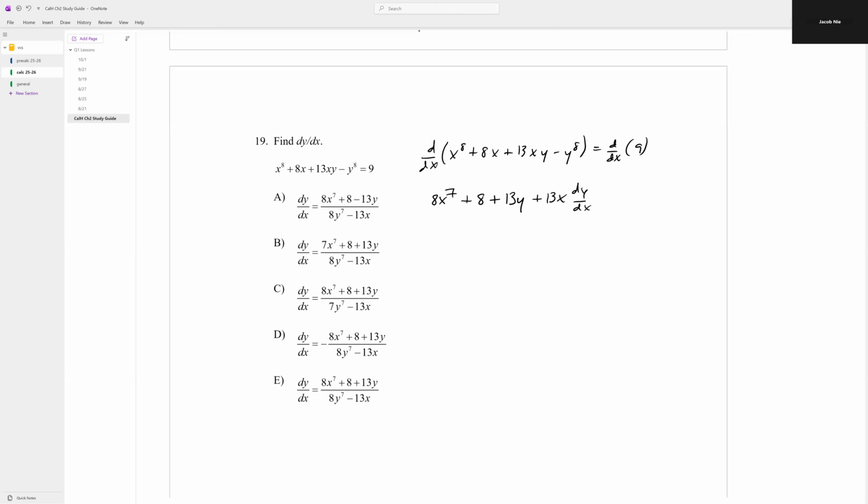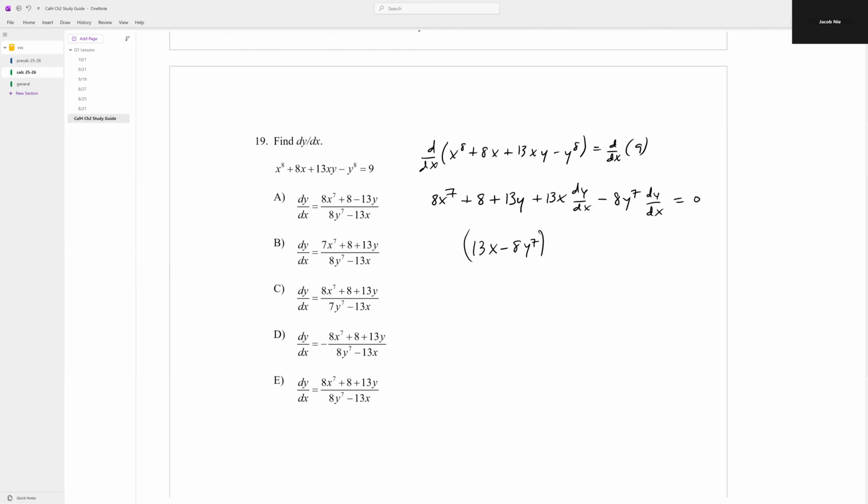And finally, for y to the 8, we need to use chain rule. It's going to come out to minus 8 times y to the power of 7 times dy dx. The right side is 0. Okay, so we're going to try to isolate dy dx. So let's move all the terms that don't contain that to the right side, and then factor the ones that do contain it.